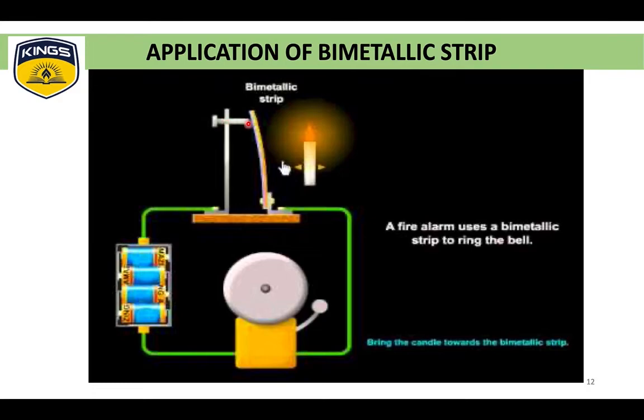Then the circuit gets connected, and the alarm will ring. A fire alarm uses a bimetallic strip to ring the bell. In this way, we are using the fire alarm.